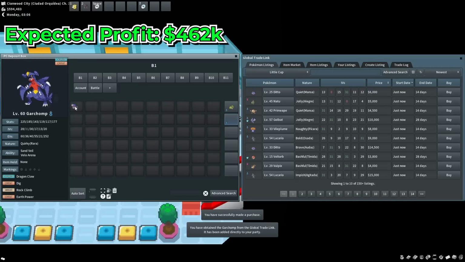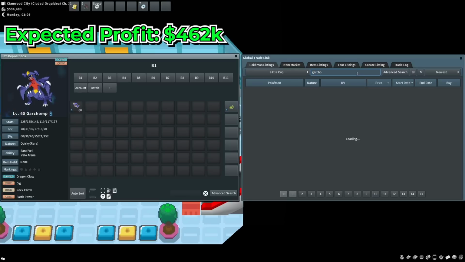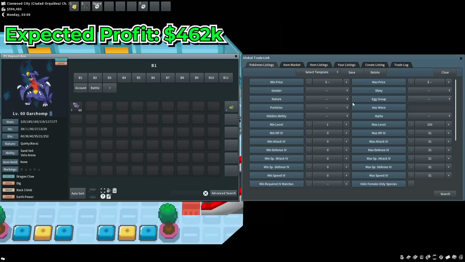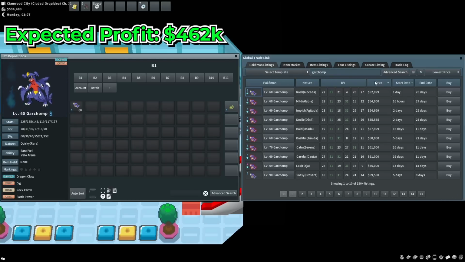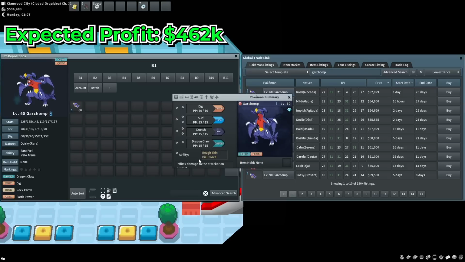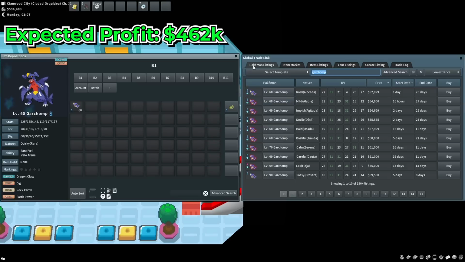So let's check something. We know that Gible is 20k. Let's see if by being a Garchomp the price is higher, because I want to show you guys things to look for and why I buy the things I buy. So as we can see like this, Garchomp goes, this one has the hidden ability, which is very important for PvP, so it's not comparable.